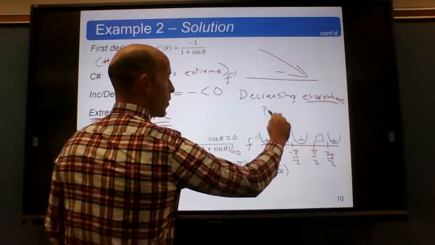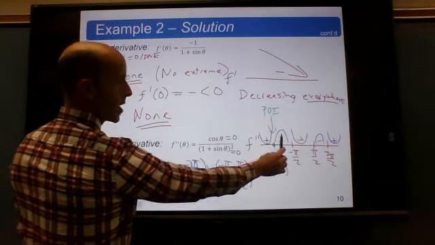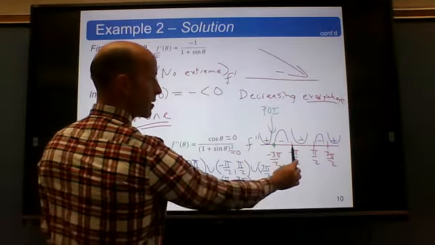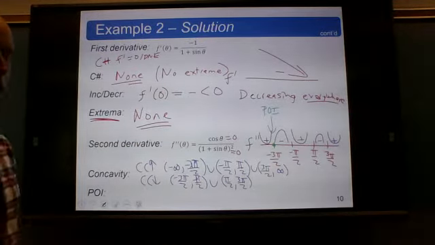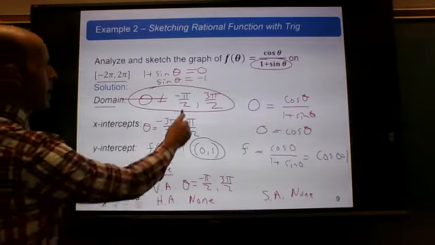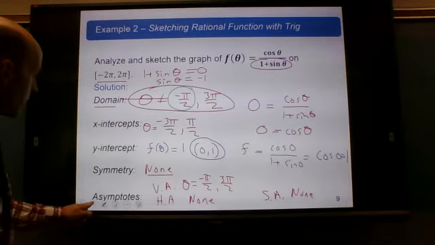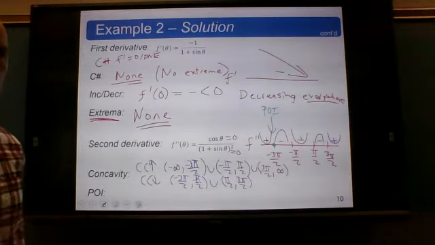This is going to be a point of inflection. Notice it went from concave up to concave down. But now let's look here at negative pi over 2. Is that a point of inflection? Well, again, if we look back at the beginning, is negative pi over 2 in our domain? It is not in our domain, therefore it cannot be a point of inflection.